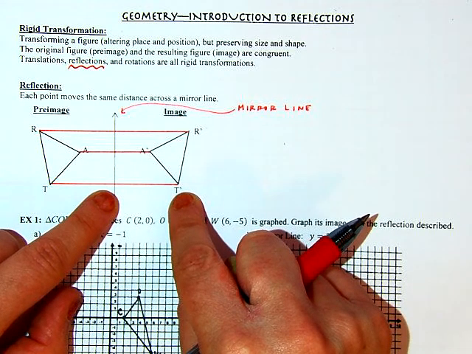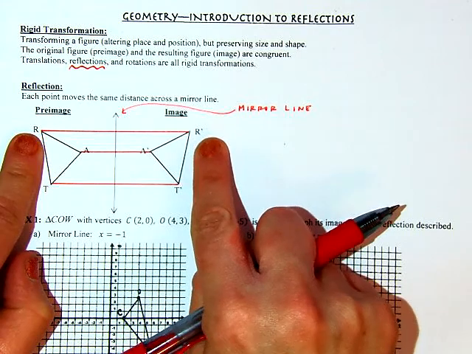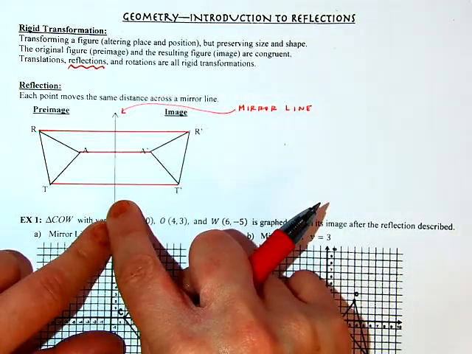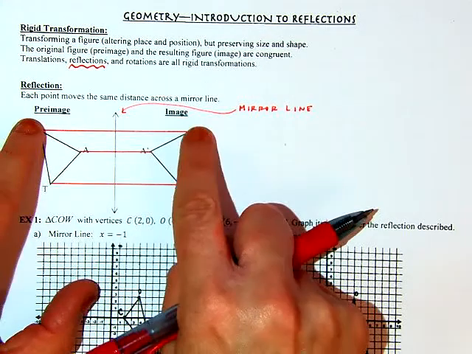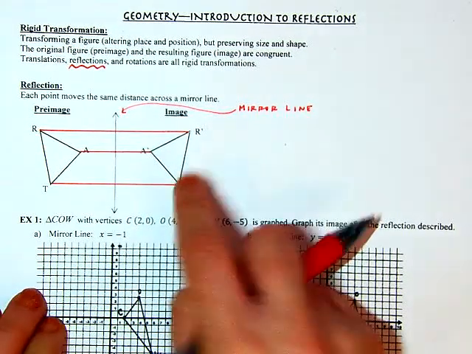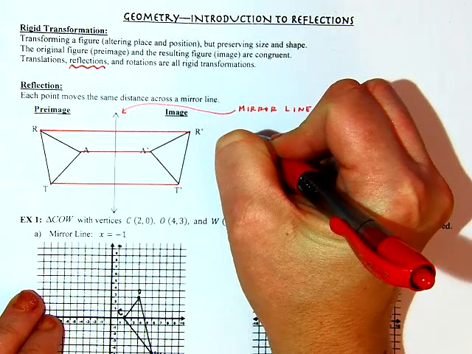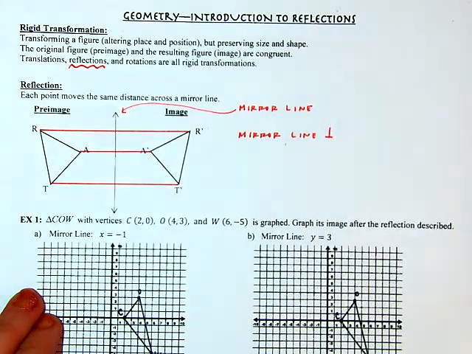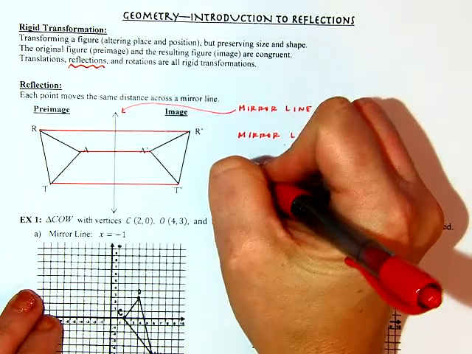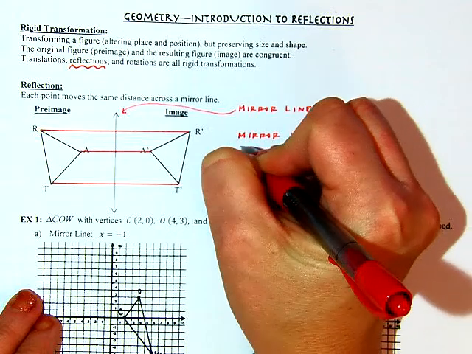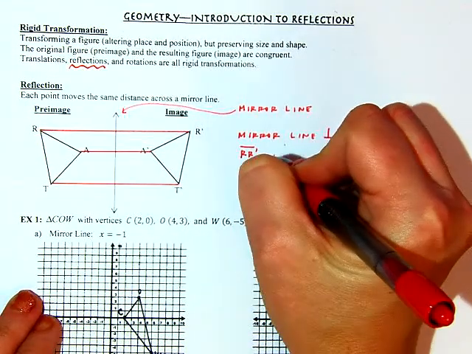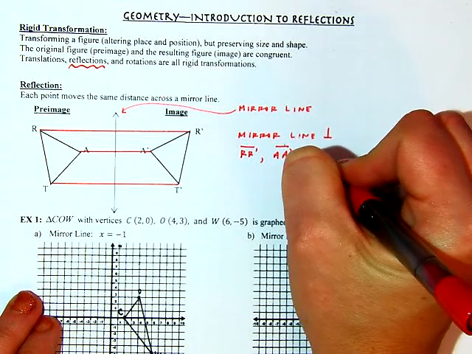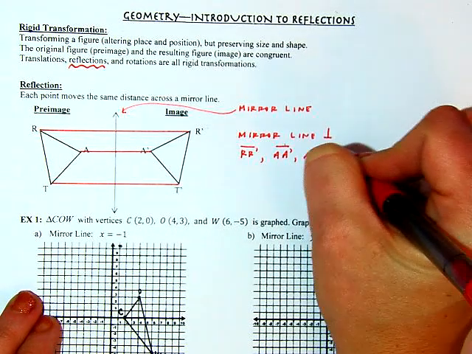Okay, one other thing that you should notice is that if I made a segment here from R to R prime, A to A prime, T to T prime, that mirror line is really the perpendicular bisector of each of those three segments. So we should see from the visual that the mirror line specifically is perpendicular with R to R prime, that segment, A to A prime, that segment, and T to T prime, that segment.